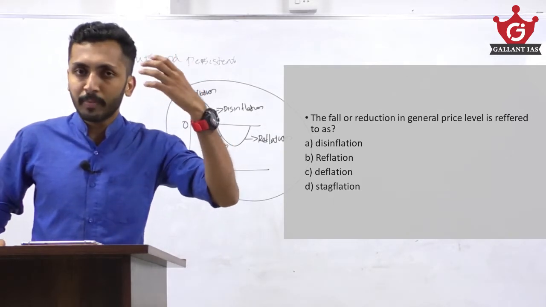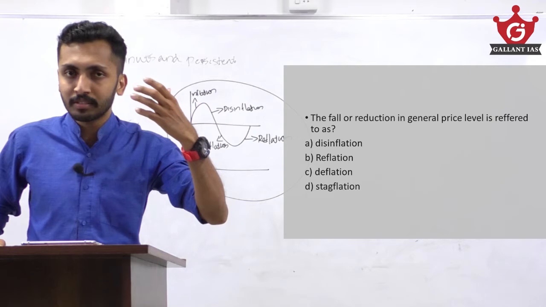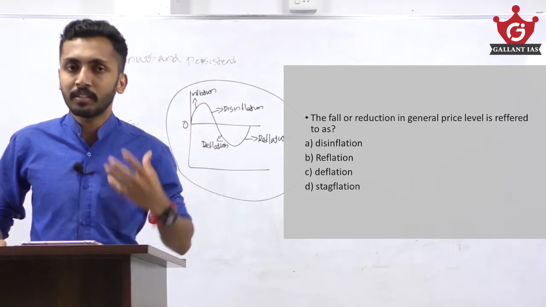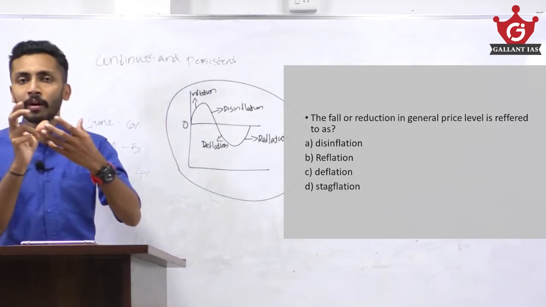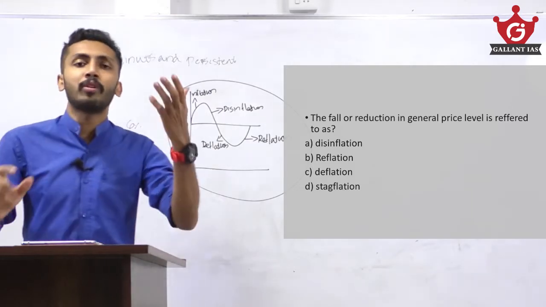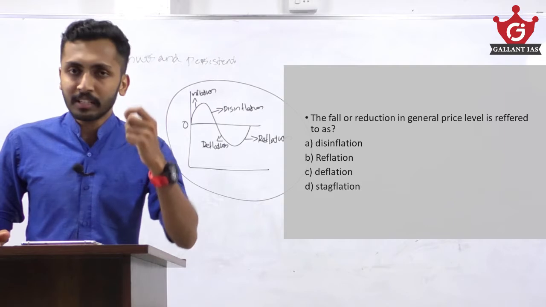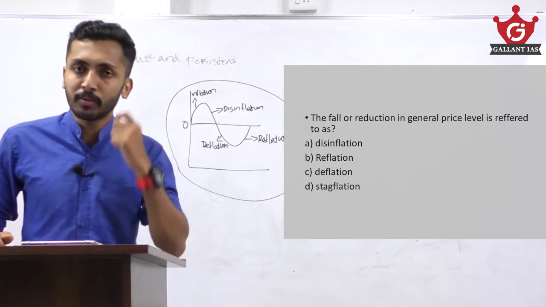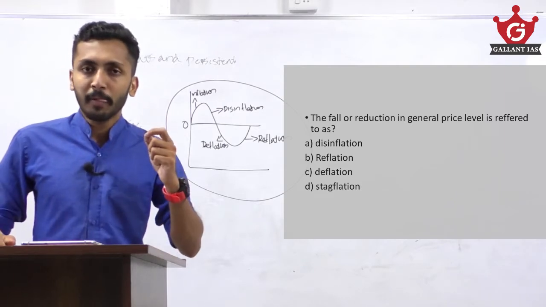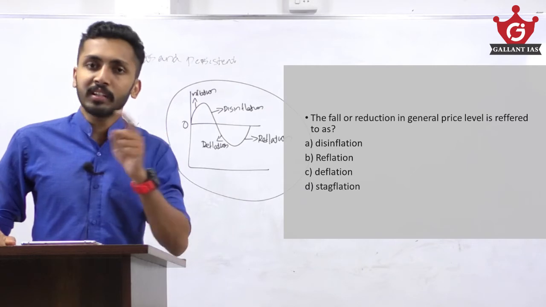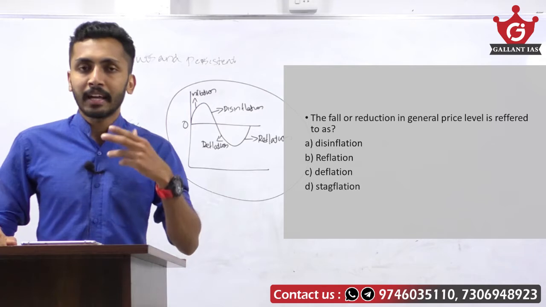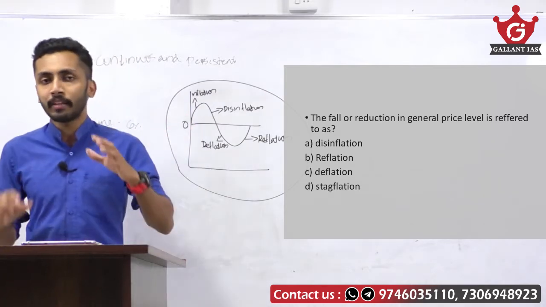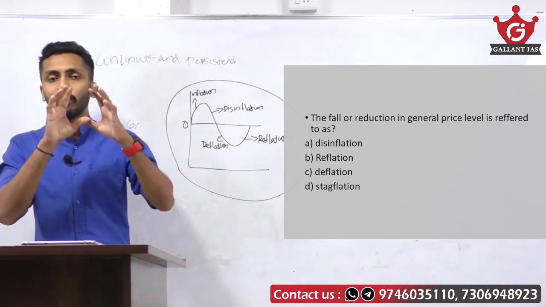Why are prices of goods and services increasing? Through excessive demand. When there is excessive demand for a commodity, the prices will go up. So the basic reason for inflation is demand exceeding supply.